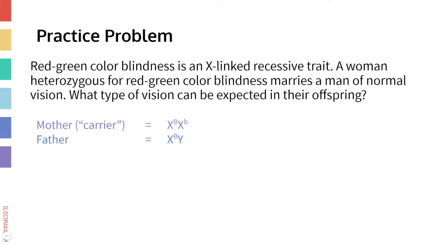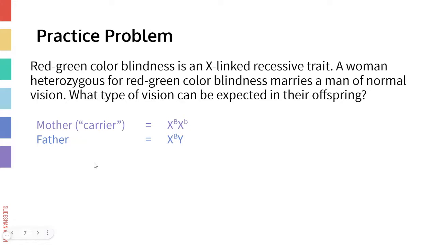They're not showing whatever the condition is, but they carry the recessive allele that could give rise to that condition. And then the father, it says the father has normal vision. So we know that the father is going to have one Y chromosome, and then for the X chromosome, since the person has normal vision, it's got to be the dominant form, so X big B.